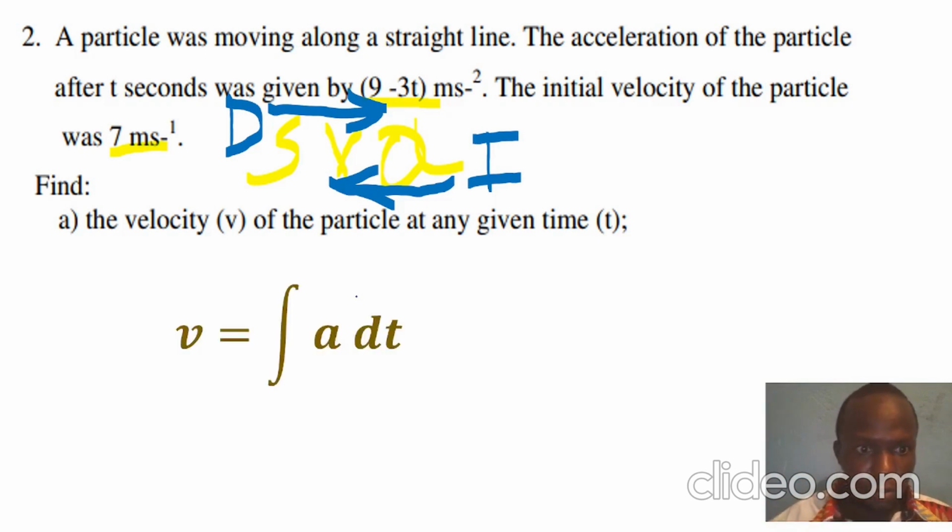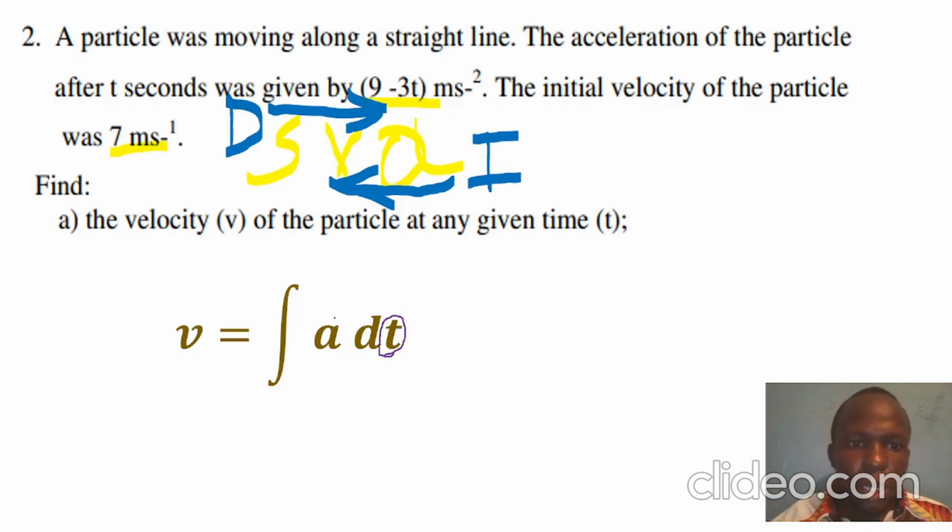Okay, so velocity is equal to the integral of acceleration with respect to t. Note that here we are using t as our independent variable, so the integration will be with respect to t, not with respect to x.